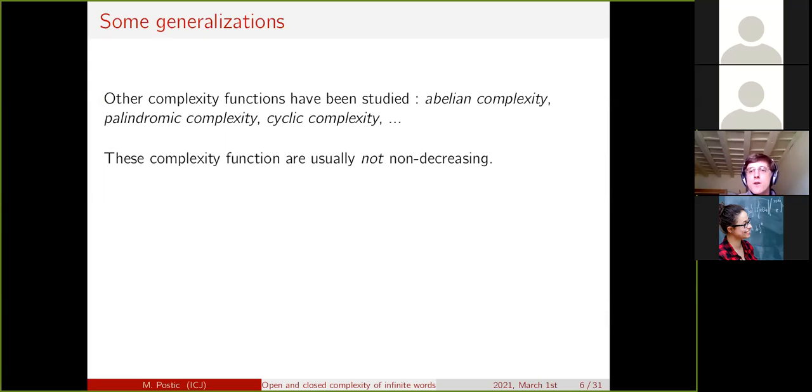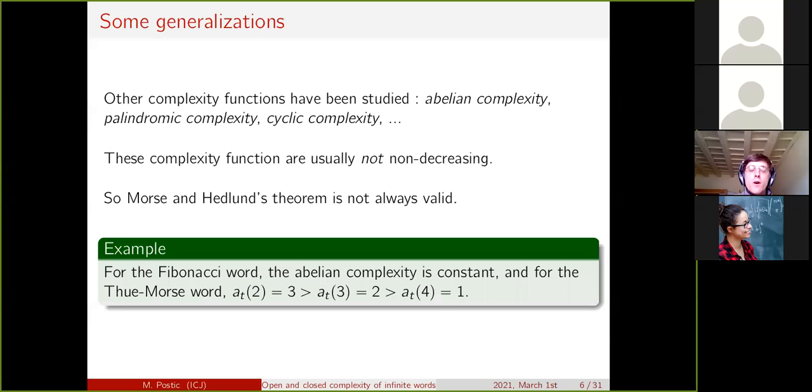The problem with all of those complexity functions is that they are usually not non-decreasing, and so you're not sure to find the theorem of Morse and Hedlund anymore. For example, if you take the Fibonacci word, we've seen that it's aperiodic, but the abelian complexity of the Fibonacci word is actually constant, always equal to 2.